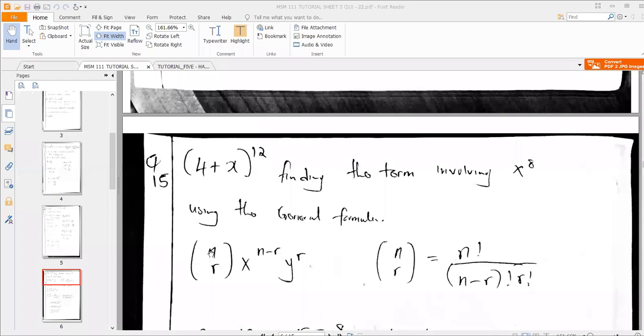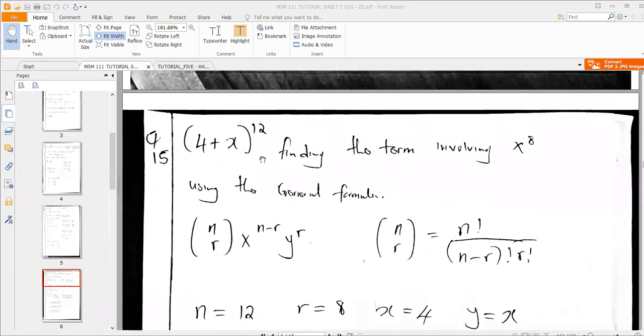And then you know that n choose r is simply equal to n factorial over n minus r factorial times r factorial, right? So we know that this guy is equal to that, right? So now what is our n in this expansion? You know that our n is 12, isn't it? Our r is what? It's 8, right? How do we identify our r?